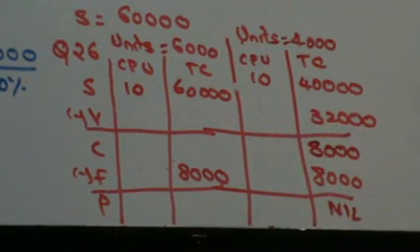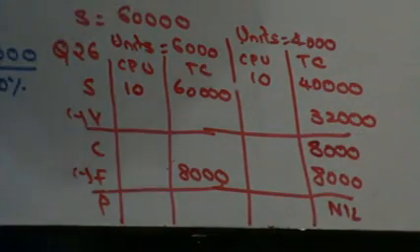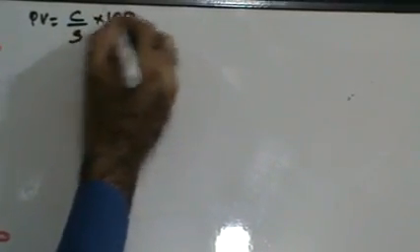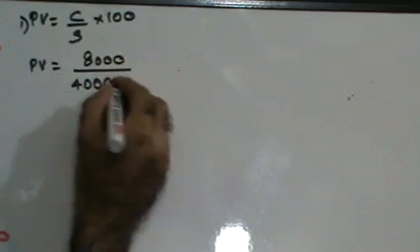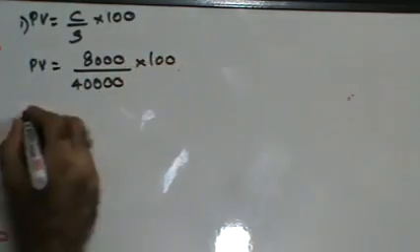Once I have this, then I can find out the PV. PV is C upon S into 100. First thing I can do that. PV is 8,000 divided by 40,000 into 100. So PV is going to be 20%.